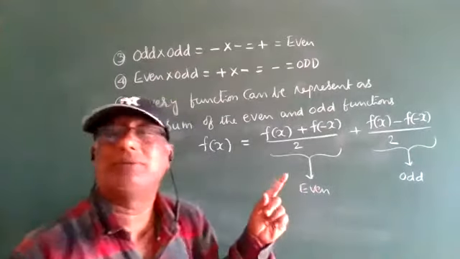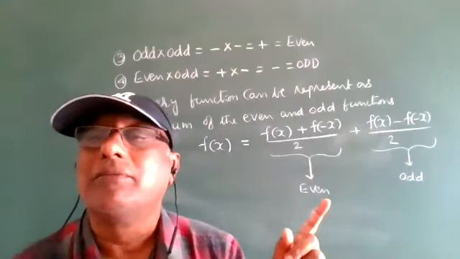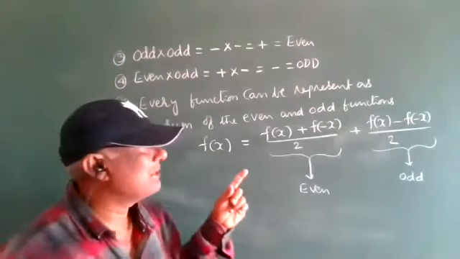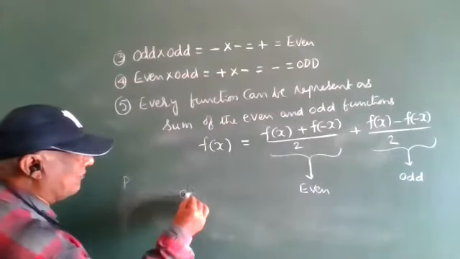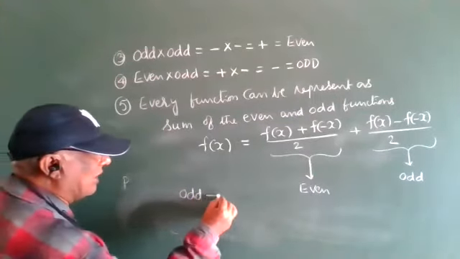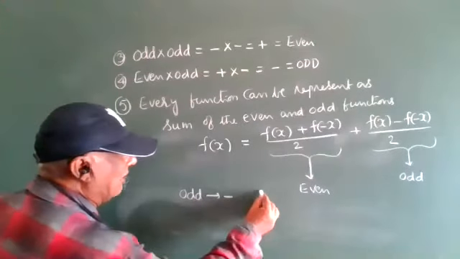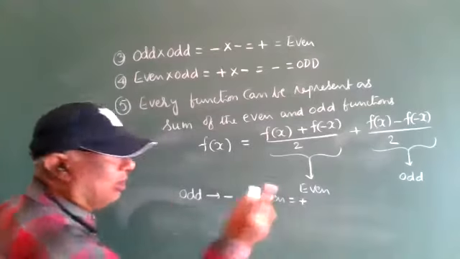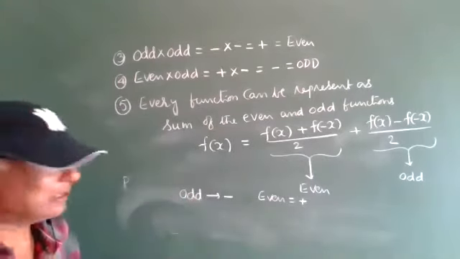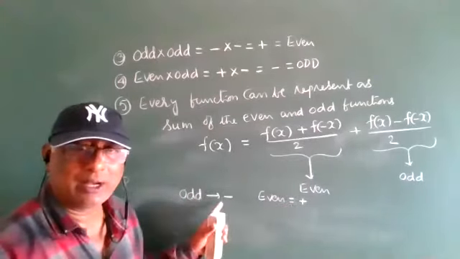Okay? So the sum of the even and odd function gives every function. Those five points, if not understood, let us see once again. An odd function is a negative function, and an even function is a positive function.